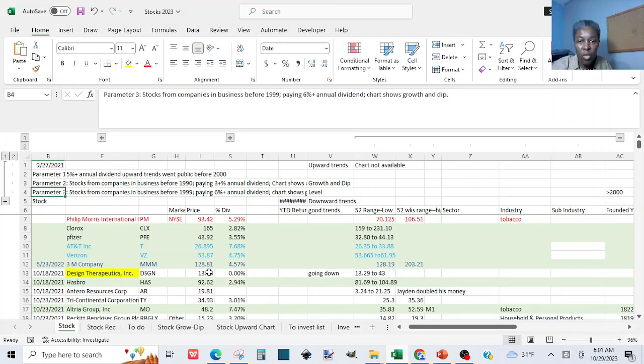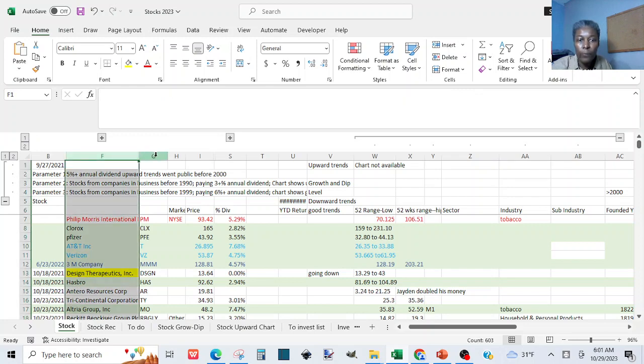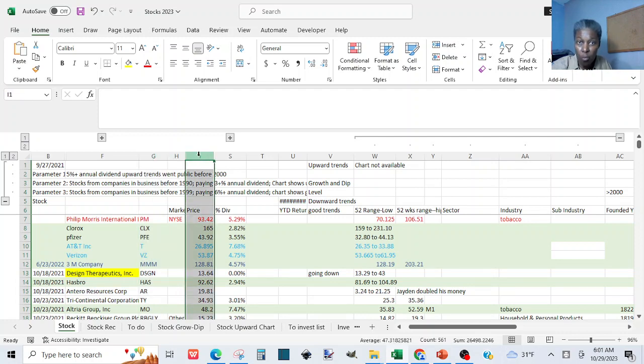And your investment spreadsheet will have a column for dates, a column for the company's name, a column for the symbol, a column for the market the company sells on, a column for the price it is selling at currently, and that is something that changes.